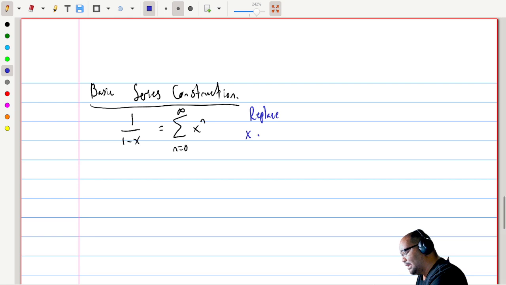Now if I replace x with minus x, I have 1 plus x in the denominator now. And I now have this alternating series.